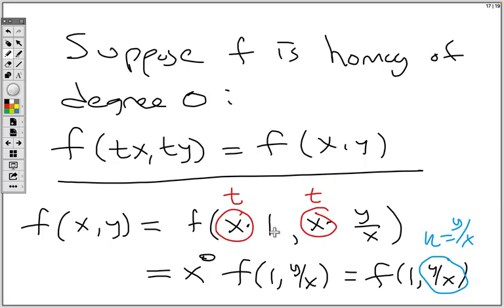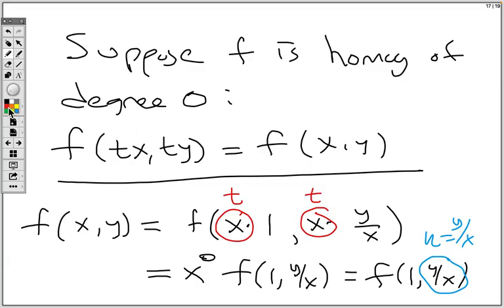I'm basically rewriting this. I'm thinking of x as the scaling factor. So I'm rewriting x as a t and just having 1 there. So I'm scaling the x component and y component by x. I'm just rewriting it so that x is the scaling factor, and then bringing it out.